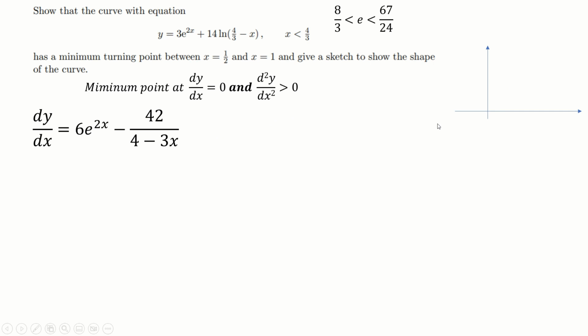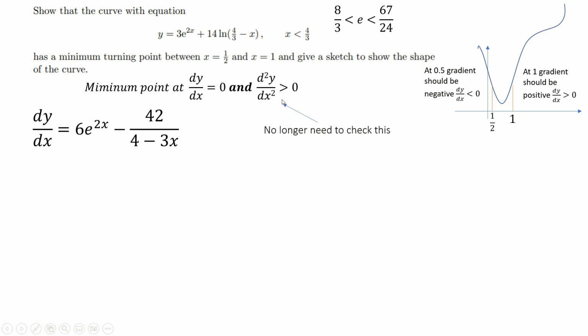What I decided to do, and this sketch has nothing to do with the graph that I'm just looking at, but it just demonstrates what I'm going to do: if I can substitute in x equals 1 and show that the gradient is negative, and then substitute in x equals a half and show that the gradient is positive there and negative there, then I think that's enough to argue that there's a minimum point between them. I think what I should also do is substitute 1.5 into here, possibly, to show that they're both. Do I need to do that?